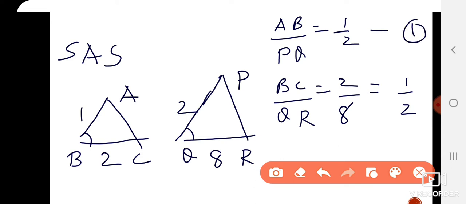So from 1 and 2 you can say that AB upon PQ is equal to BC upon QR.